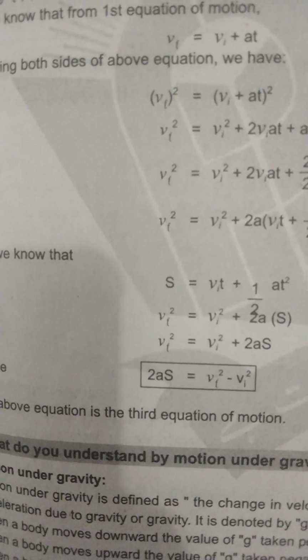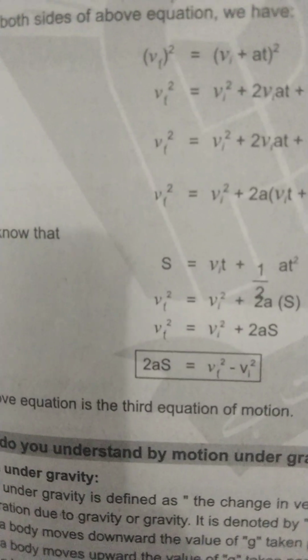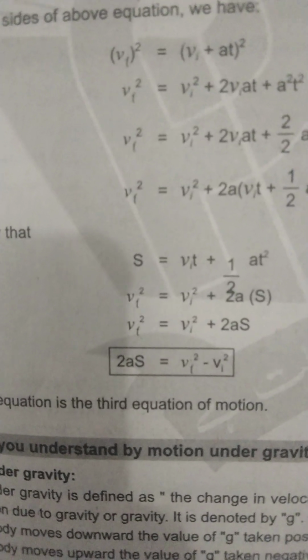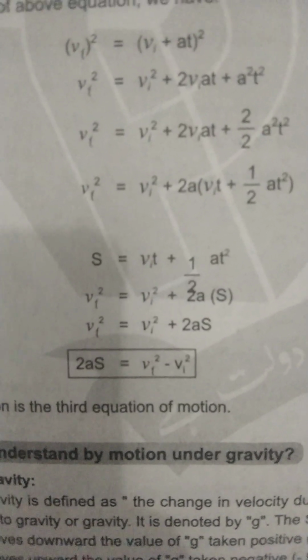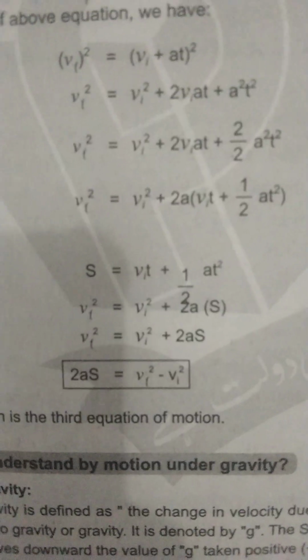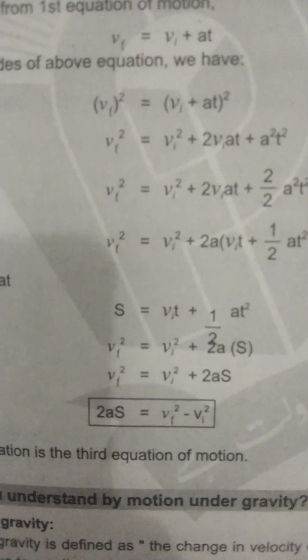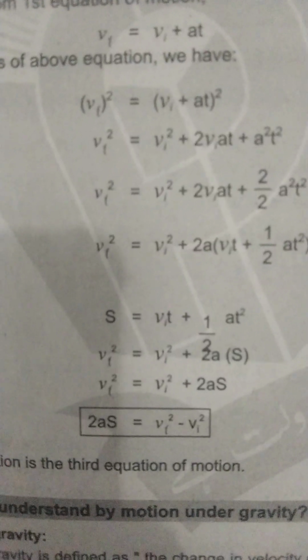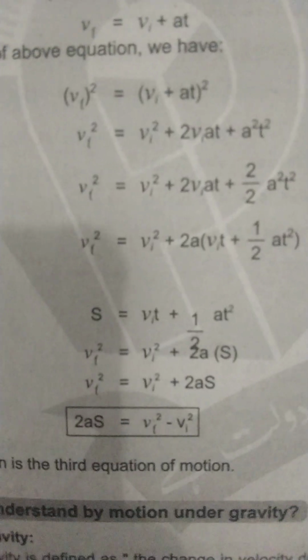First of all we have to take squaring on both sides. Vf square is equal to vi plus at whole square. Everyone who is a student of math knows that we have to open the square formula. It will be vf square is equal to vi square plus 2 vi at plus a square t square.